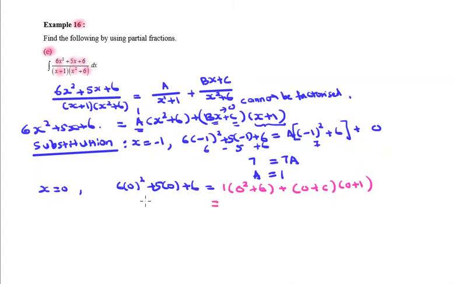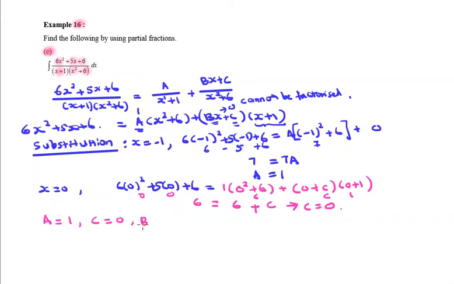The left is 6, and the right is 6 times 1 is 6, plus c times 1, that is c, where c is equal to 0. Now we have a equals 1, c as 0.